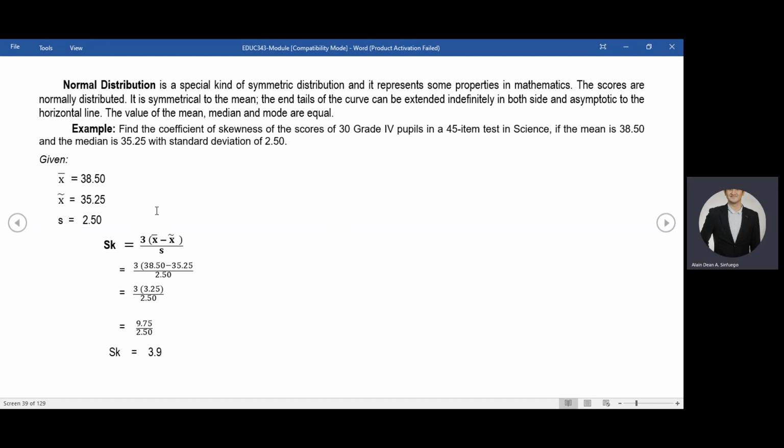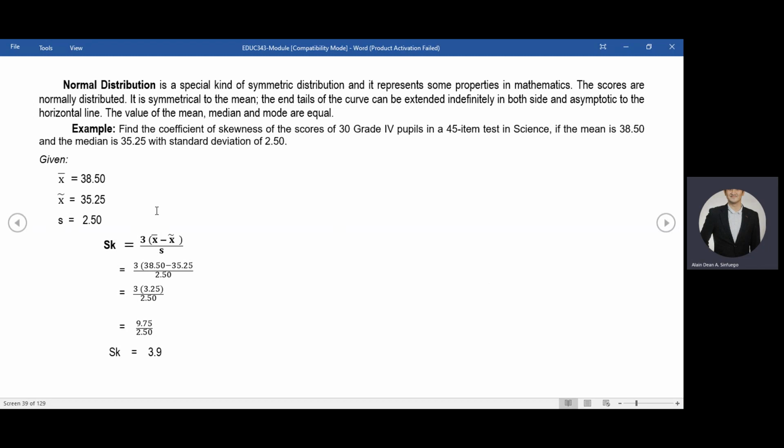Example: find the coefficient of skewness of the scores of 30 grade 4 pupils in a 45-item test in science if the mean is 38.5 and the median is 35.25 with a standard deviation of 2.5. Substitute all the values there.